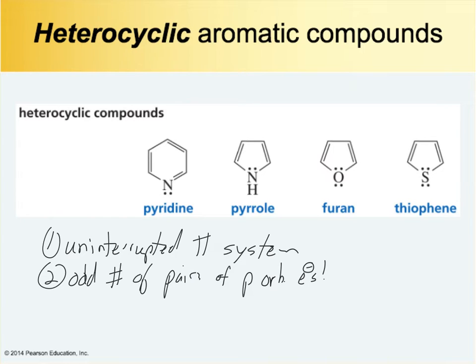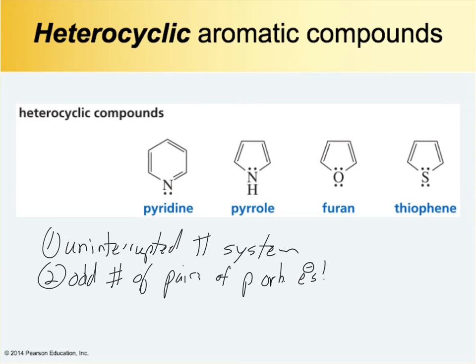Okay, so our rules still apply. So now here we look at this. This is a ring. This nitrogen has a pi bond, so we know it's sp2 hybridized. So it has 1, 2, 3 pairs, an odd number of pairs of p orbital electrons. So that would be aromatic.